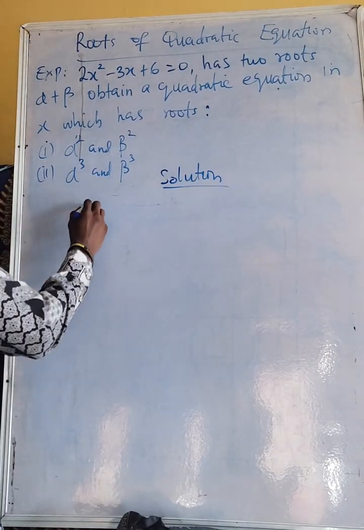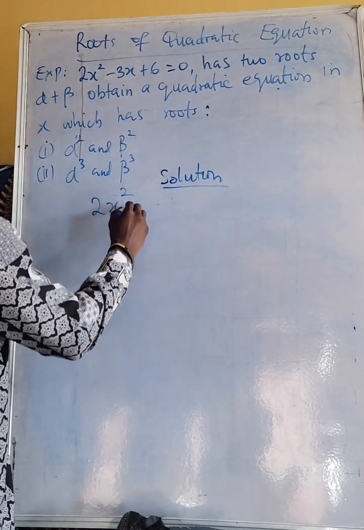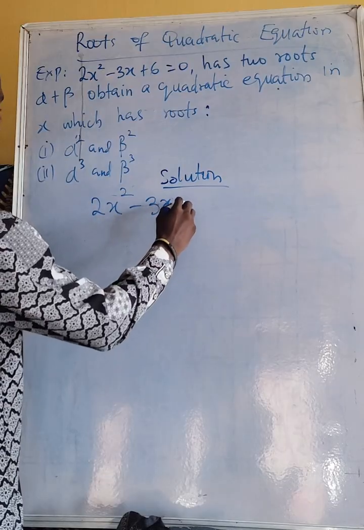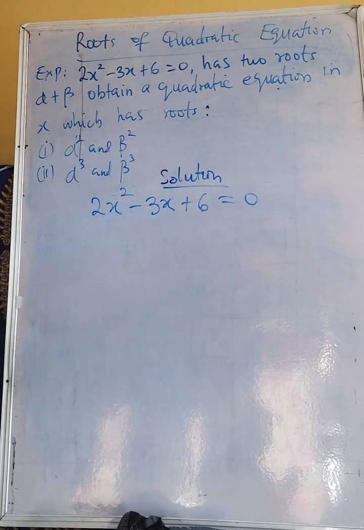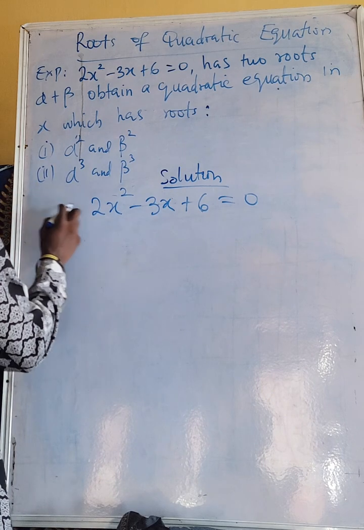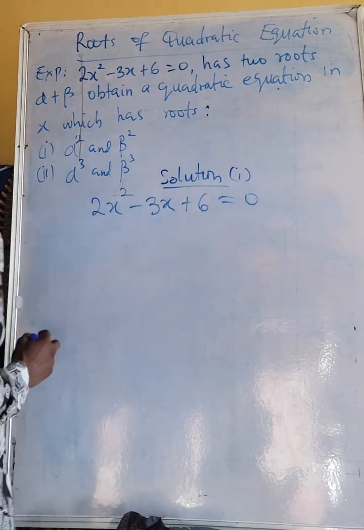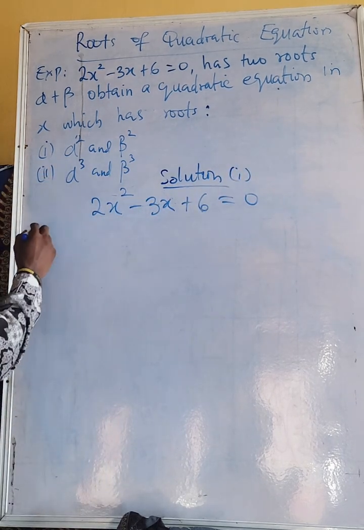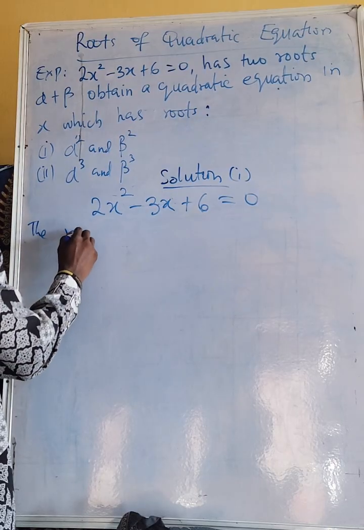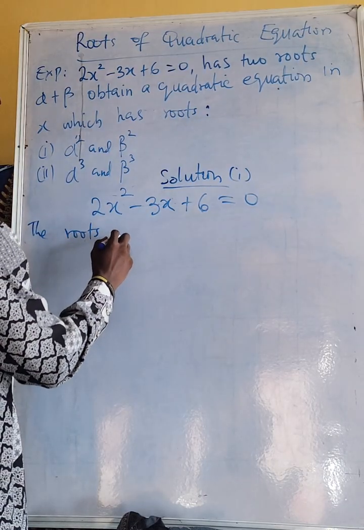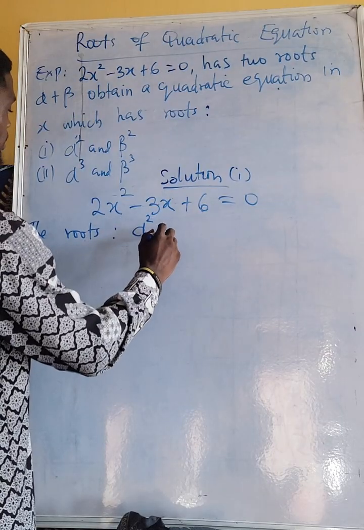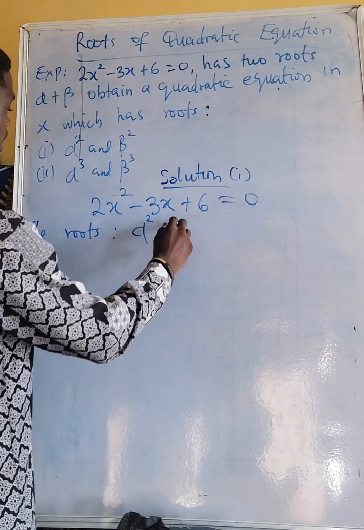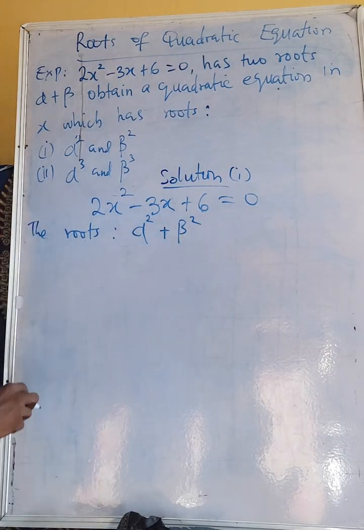So the equation is 2x square minus 3x plus 6 is equal to 0. That is your equation. And the roots in (i), we are working on (i), the roots are alpha square and beta square.